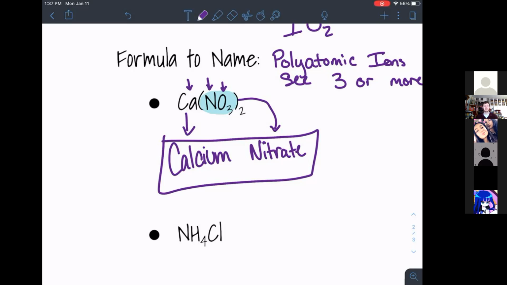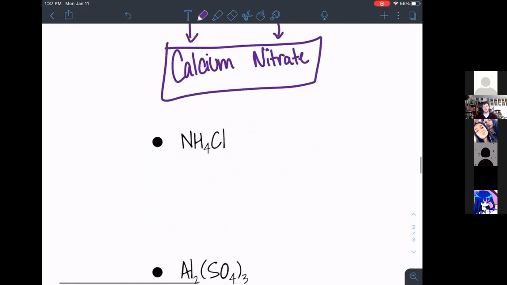Let's try the next one together. How many elements do you see here? 3. We have 3 again, N, H, and Cl. Now, this one is a little bit more challenging because there's no parenthesis. We do need to figure out where our polyatomic ion is.